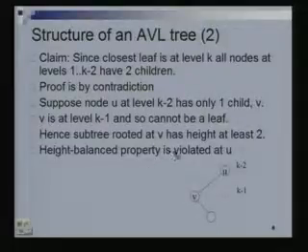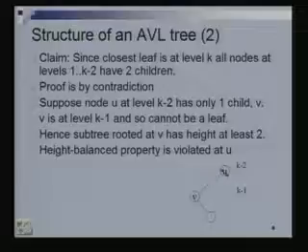By the height balance property, the subtree rooted at v has height at least 2, because it cannot be a leaf. While the other subtree here has height 0 because there is nothing there. So you have a height imbalance at this node u. So the height balance property is violated at node u.